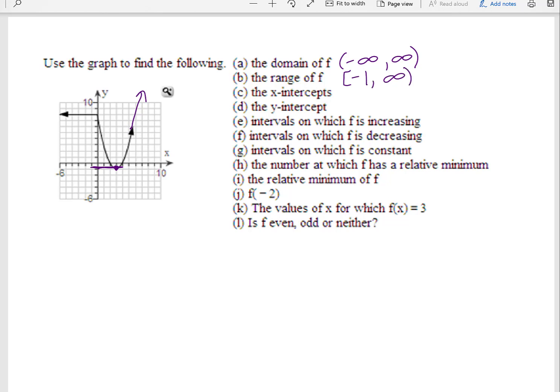Now notice that I use the bracket here, right? Because I'm talking about domain and range, and in that, -1 is included, right? So because -1 is included, I use a bracket. Now, when I start talking about intervals of increasing and decreasing, no matter what, I'm going to use parentheses, because those transition points, we don't consider, oh, is it included or not included?